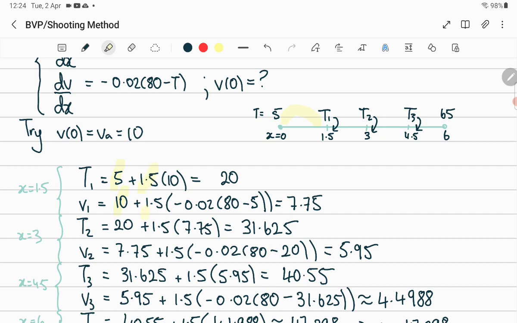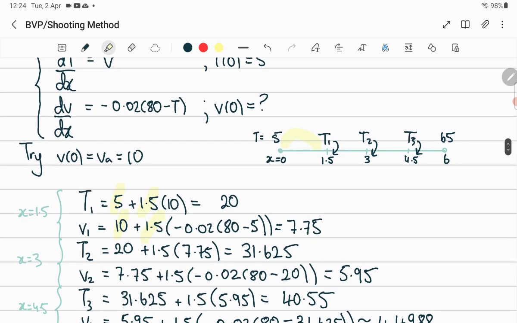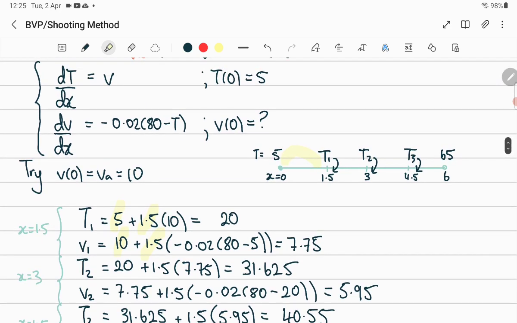Step size in both cases 1.5, and then times previous slope. The slope of temperature is v, so we put in previous v, and the slope of v is dv dx, and its previous slope, so we put in the previous temperature. So this temperature here, we put in the previous temperature here. Hopefully I can get rid of all them easily enough.